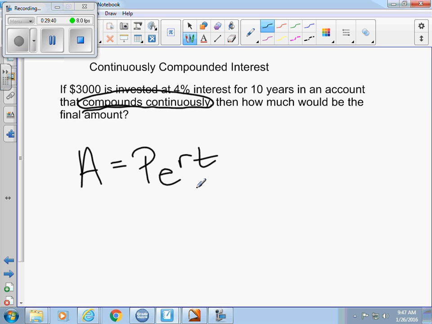This is not compounded yearly, it's not compounded monthly, it's compounded continuously. So I'm going to use the continuously compounded formula. Just make sure if you ever read that, you completely switch formulas, it's totally different. It's not that much different money-wise. You could do the calculation like it's not that much more money than daily, but it is a different formula.